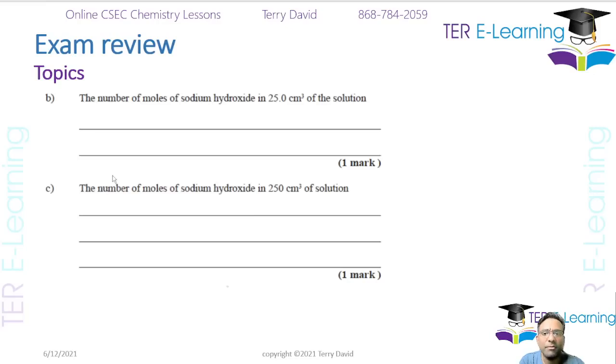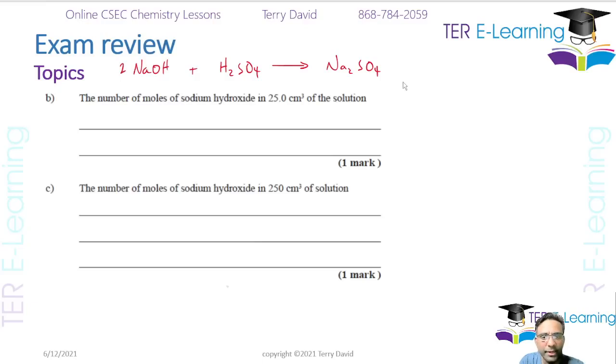So they want to know the number of moles of sodium hydroxide in 25 cm cube of solution. Now remember, the sodium hydroxide is what we didn't know what the concentration was. Now this is where the mole ratio is coming into play. So remember, the equation looked like this. It was NaOH plus sulfuric acid, H2SO4, produces Na2SO4.